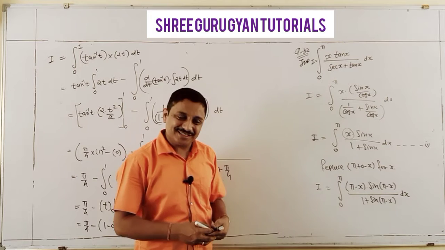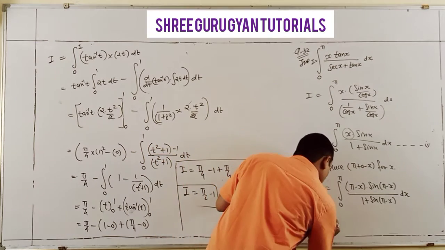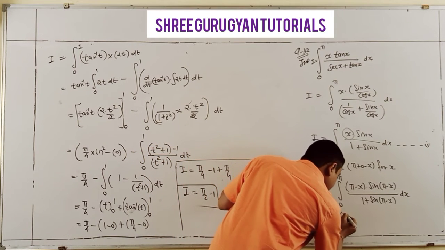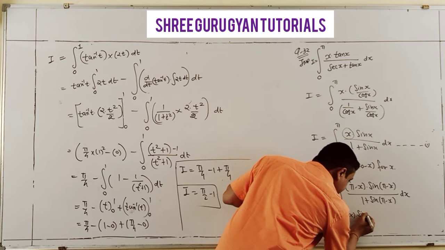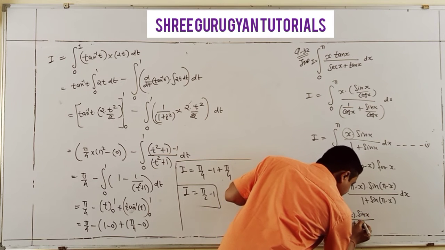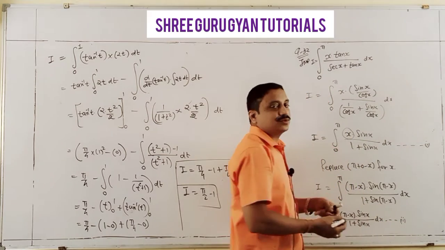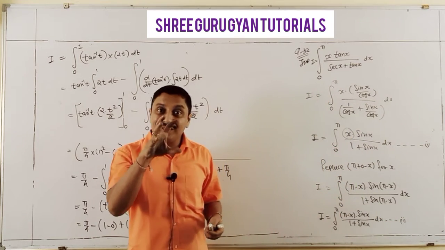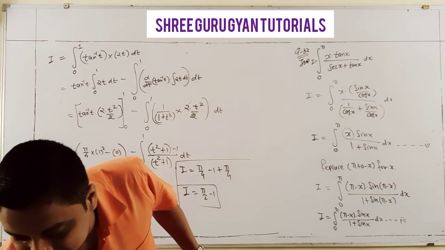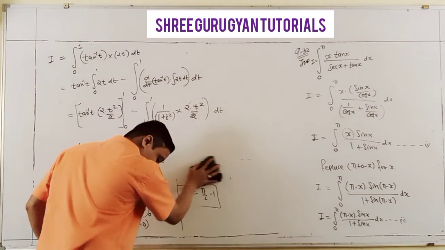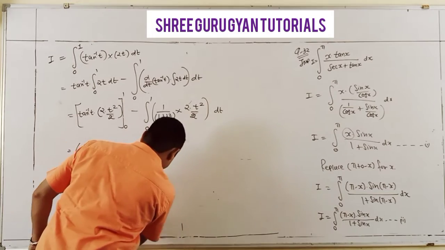Now which quadrant is this? Sine of pi minus x, yes, quadrant second. So pi minus x as it is, sine x, and 1 plus sin x. Statement 1 and 2, anyhow, you make the addition. Yes, students, you make the additions. Sure, you get finally answers.